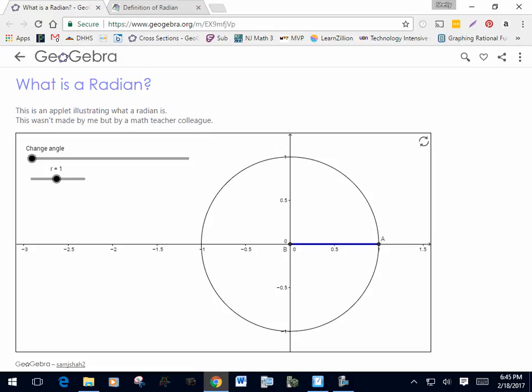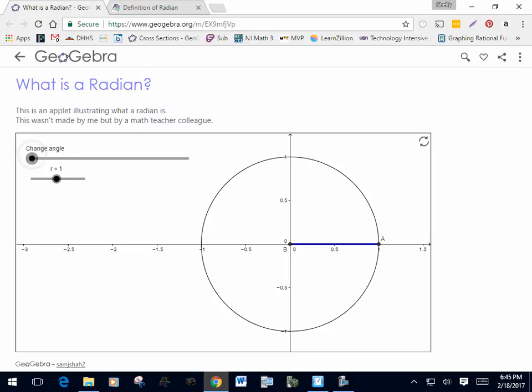So a radian is just the amount of rotation needed so that the arc length intercepted is the same length as the radius. And that's kind of a hard definition. So I'm going to use this little applet to show you what that looks like.